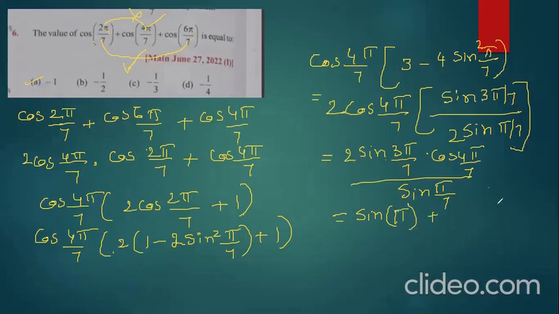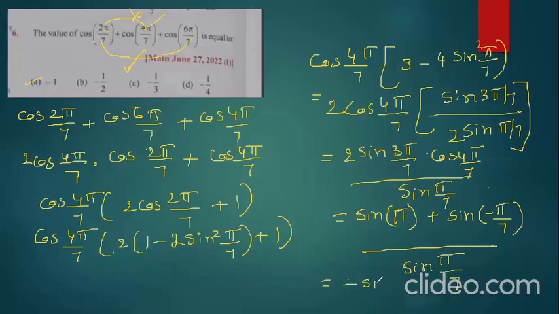Plus sin of A minus B, that is 3π by 7 minus 4π by 7, which is minus π by 7, right? Sin of minus π by 7, divided by sin π by 7.